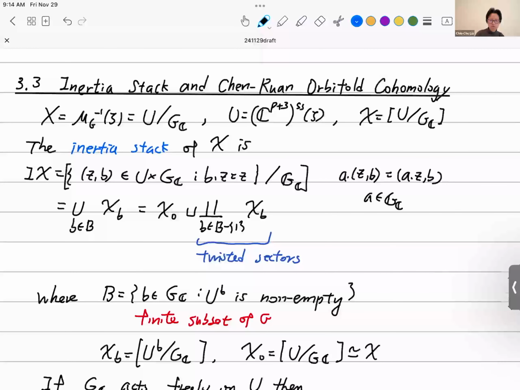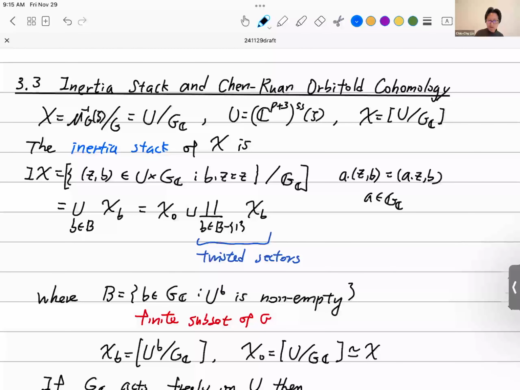So let U to, oh, sorry, this is a typo. So let X be a symplectic quotient, and then as a complex or GIT quotient it is U quotient by the complex algebraic torus.